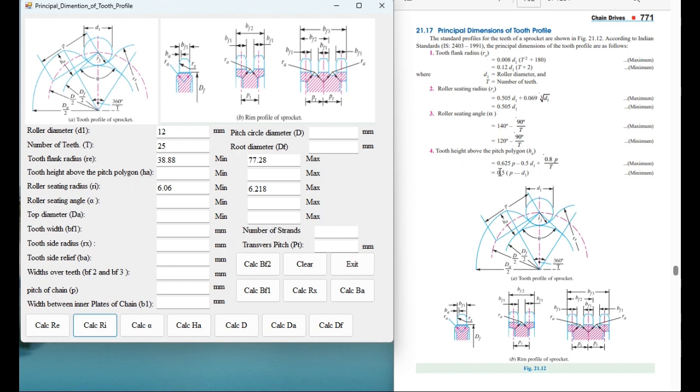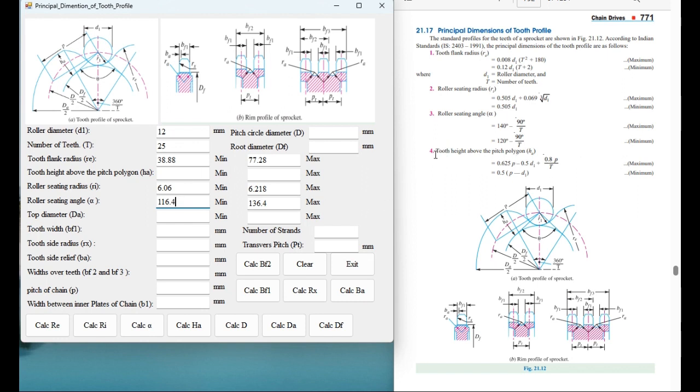We can calculate the angle alpha because the value of t is already entered here. So the roller seating angle alpha becomes 116.4, the minimum value, and 136.4, the maximum value.